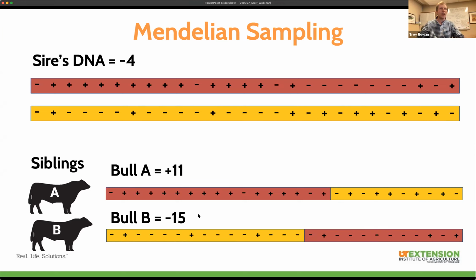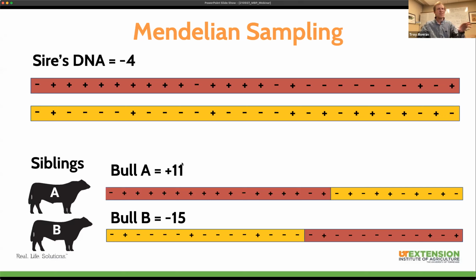Whereas his brother really got the short end of the stick and ends up -15. So with the same sire DNA that we're choosing from, depending on which chunks they inherit, it can really affect the genetic merit of these individuals, especially when we look across the genome and sum across the billions of base pairs and the millions of DNA differences that we know come into play in these complex traits.